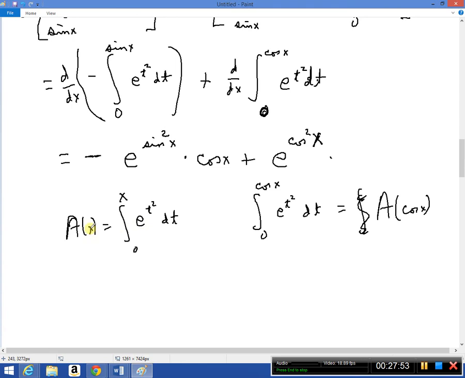So you see, this area function at x gives you this, but the area function at cosine of x gives you that integral.